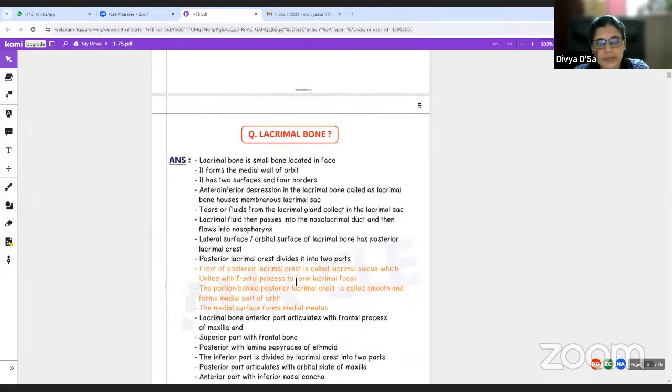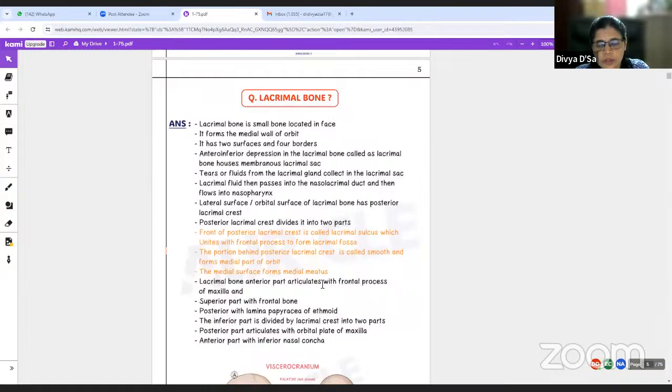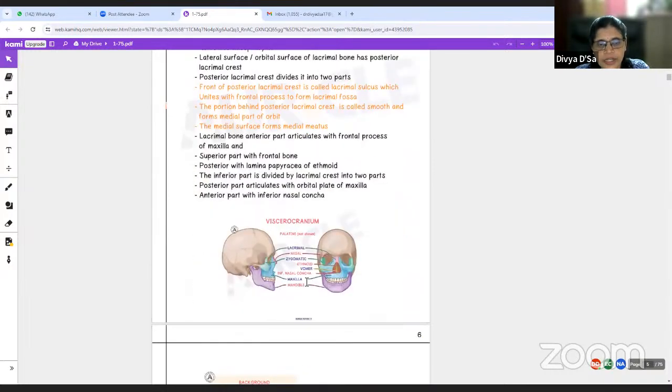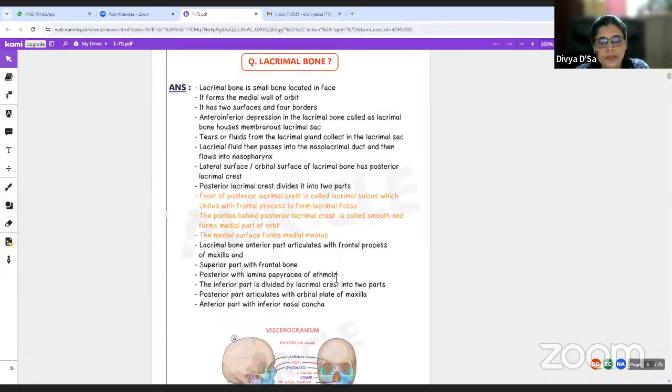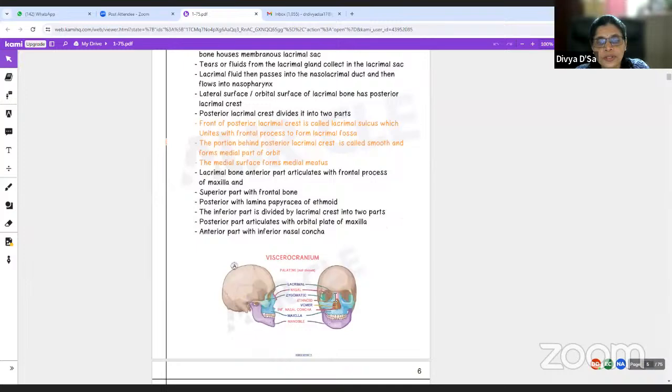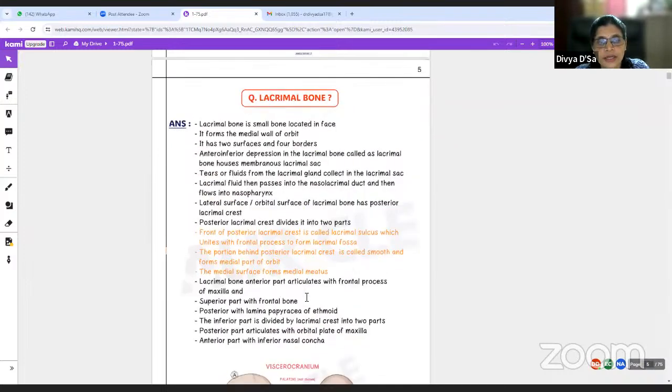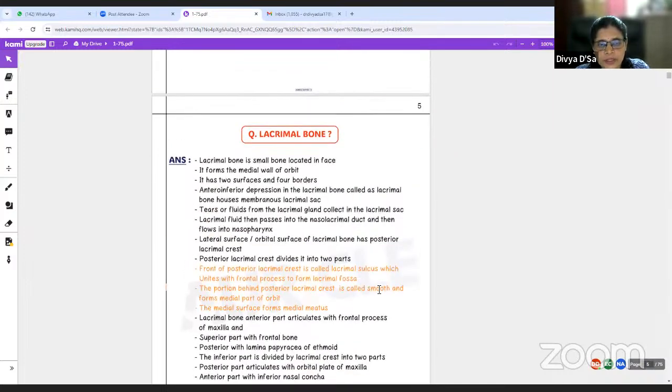Then coming to the lacrimal bone, it is a small bone which is located in the face. It forms a part of the medial wall of the orbit. It's a very small bone; here, inner surface, you can see. As I said, it forms the medial wall of the orbit.